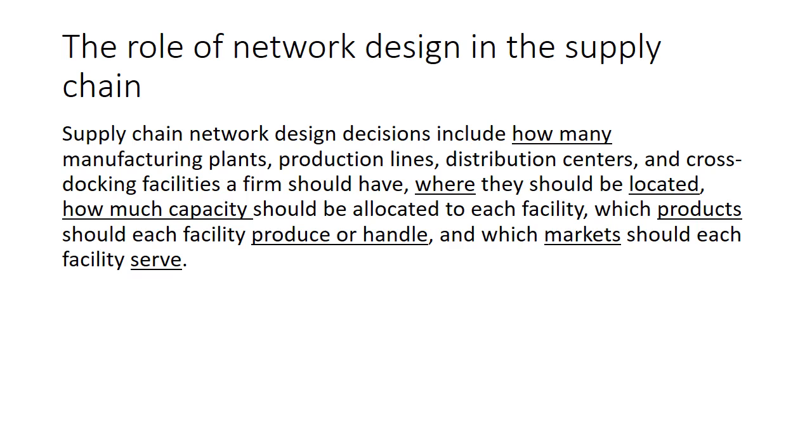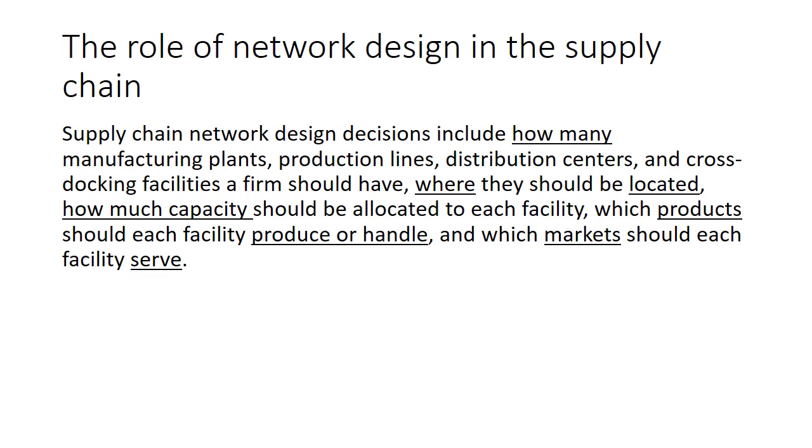So starting from the first point, that is how many manufacturing plants, production lines, distribution centers and cross docking facilities a firm should have. As we have already discussed in the Amazon part, but here I would like to discuss in detail.